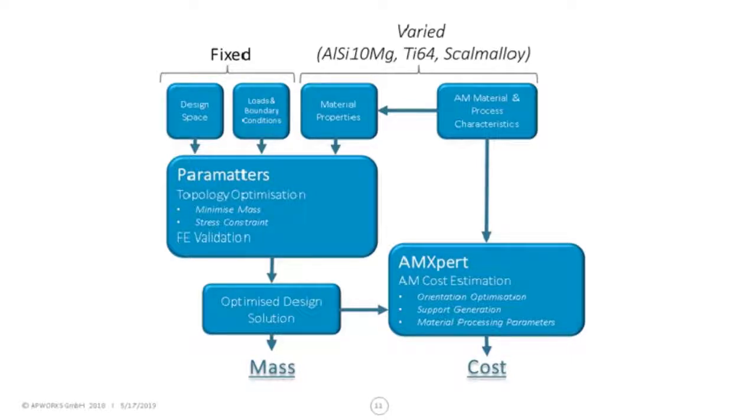It takes into account not only the design geometry, obviously the material and process characteristics, but through an algorithm it optimizes the build orientation, it looks at how much support we're going to need to produce the part, and it looks at the processing parameters for the material, and then it calculates production cost based on raw material, processing, post-processing, NDI, and so on.